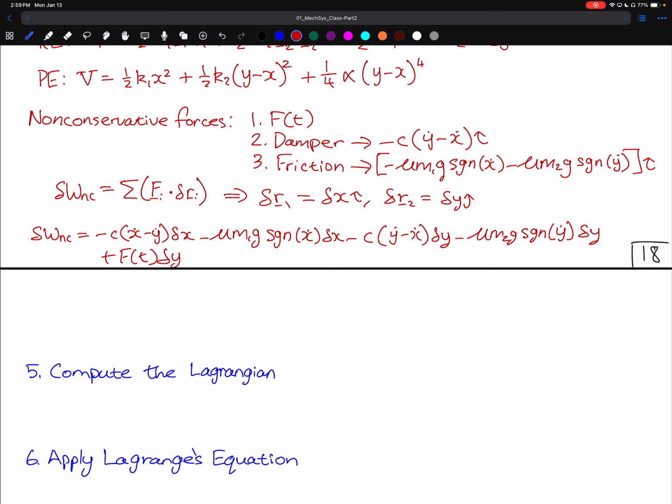We won't have a delta x times f of t because f of t only acts on the second mass.